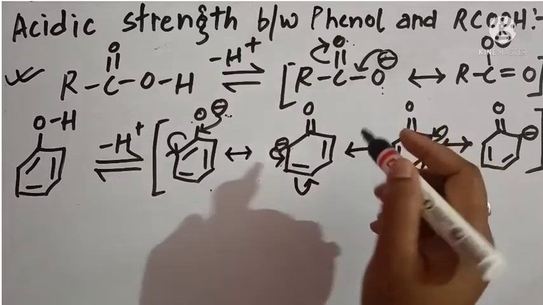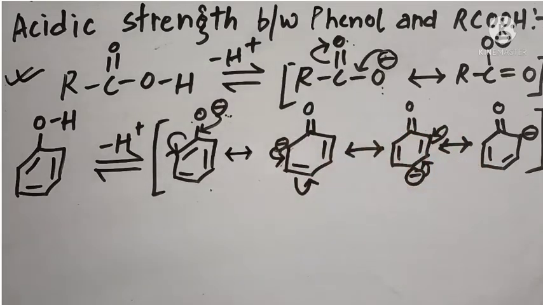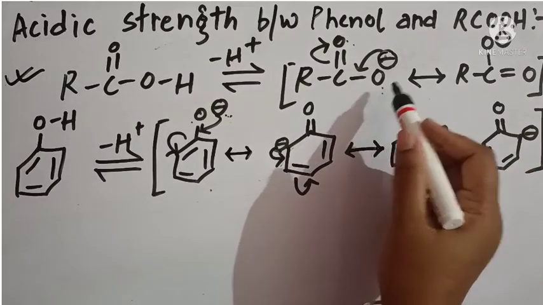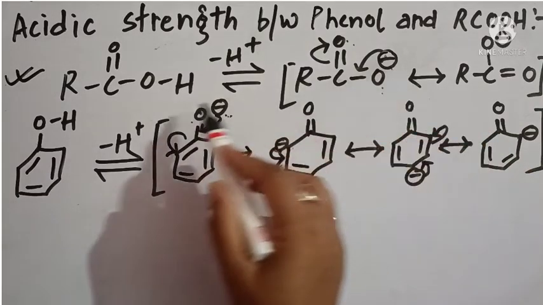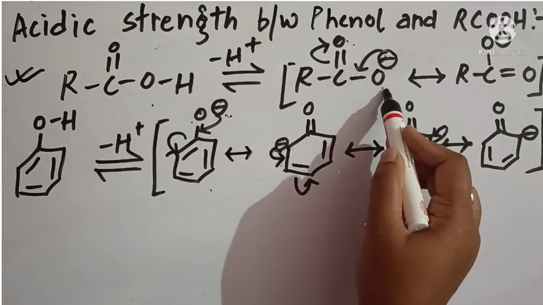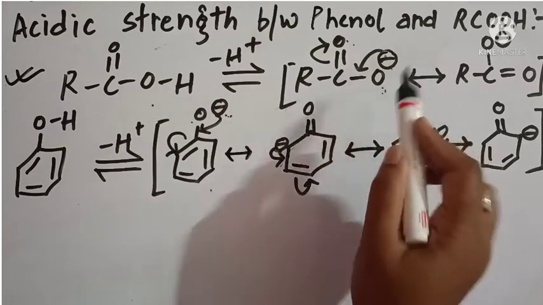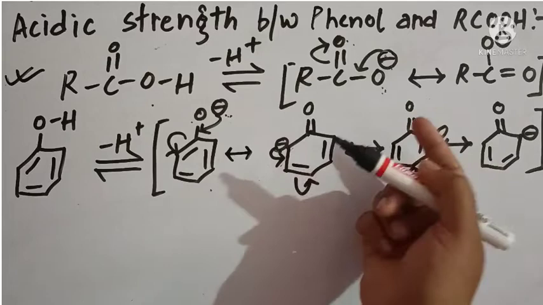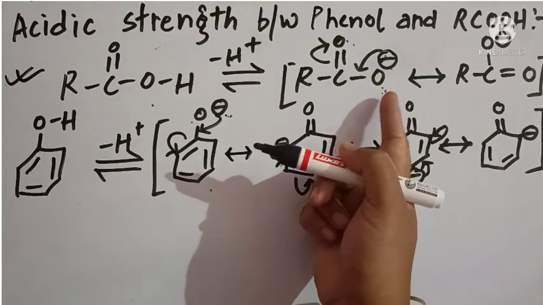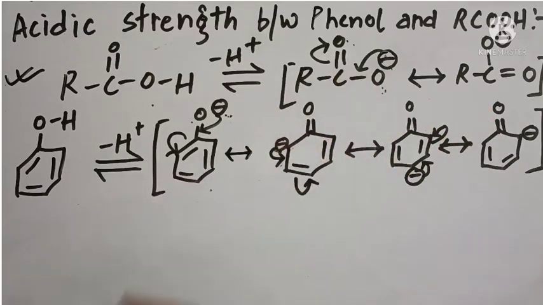So in this case, that one factor, that the more the resonating structures, the more will be the stability of the ion, if we relate it, the more will be its acidic strength. But the delocalization of the negative charge in case of the carboxylic acid is in between the more electronegative atoms, that is, in between the oxygen atoms.